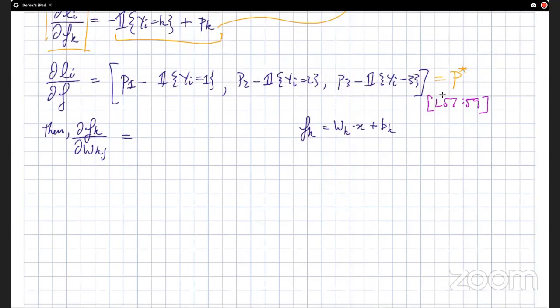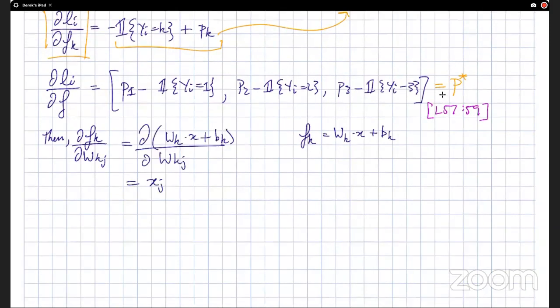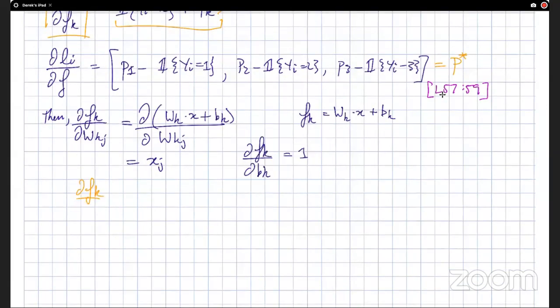That's just going to be xj, plus dbk over dwkj, which is zero. It's not surprising that if I do dfk over dbk, I get back 1. So here I can be a little bit clever and say dfk over dwk is x.